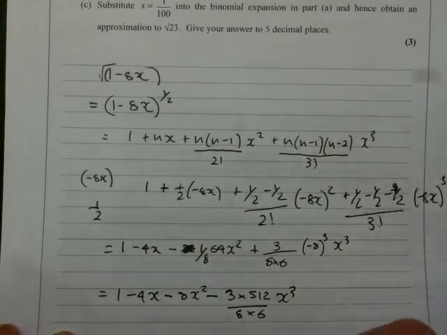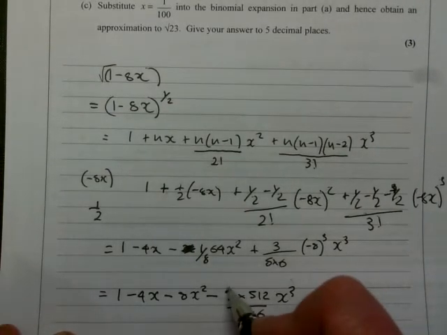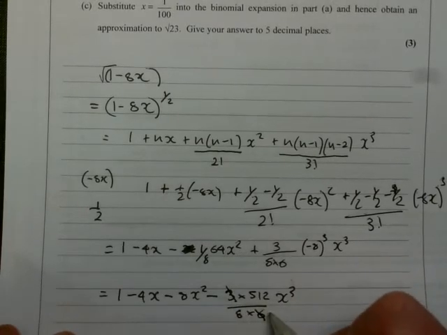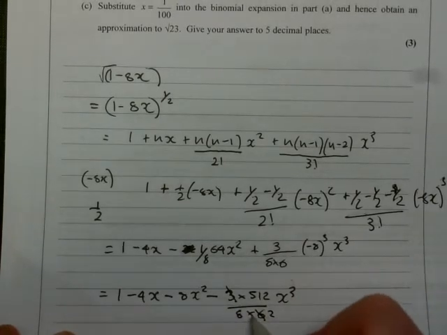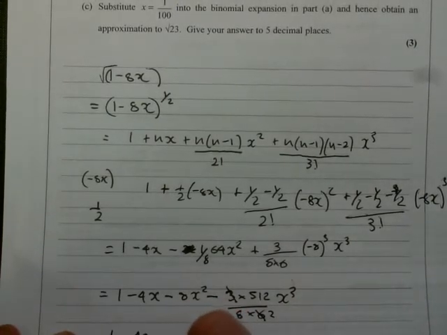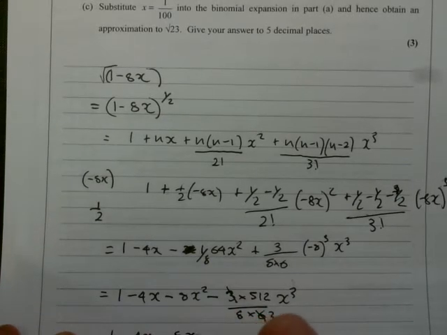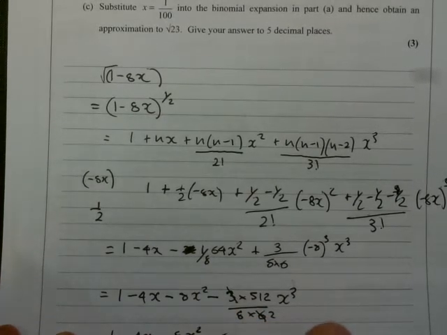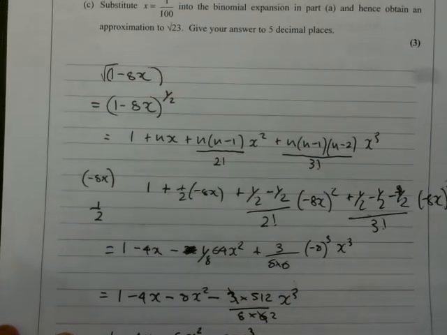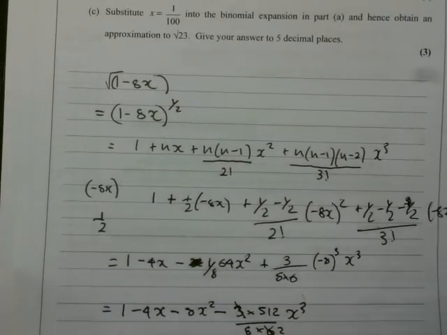Now you have a calculator in this exam, so you don't have to do this the way I'm doing it. So that's 48 into 512, which I think goes in 6 times. So I'm going to take a guess at that and write down minus 6x cubed.